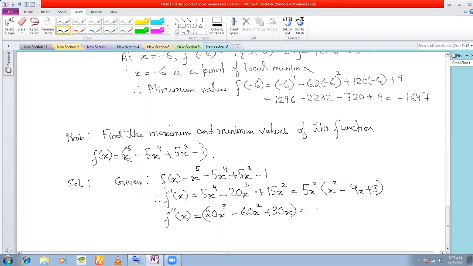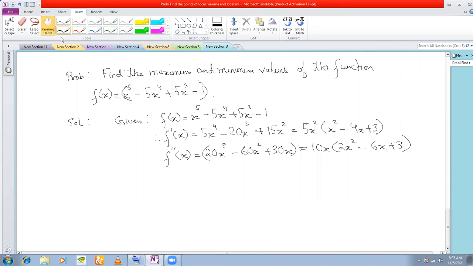From this, you can take 10 out of these, and you can write this as 2x^3 - 6x^2 + 3x. We can in fact take 10x out, not 10x square. If you take 10x out, we are left with 2x^2 - 6x + 3.